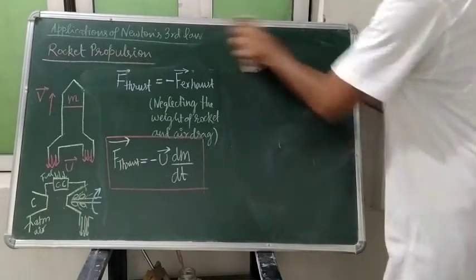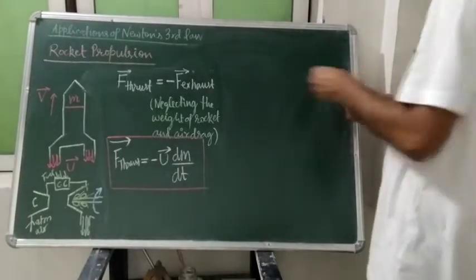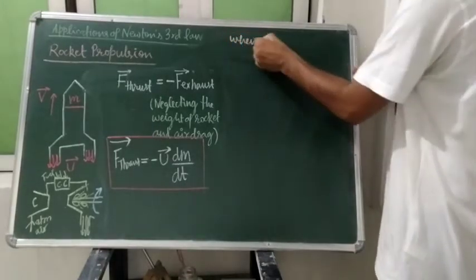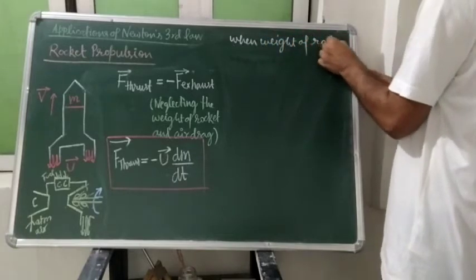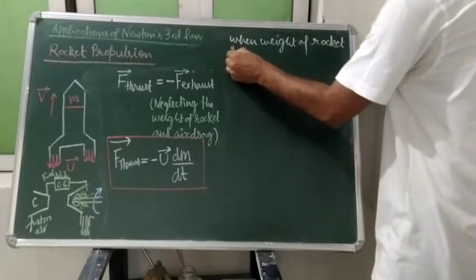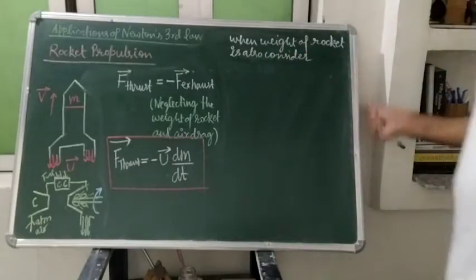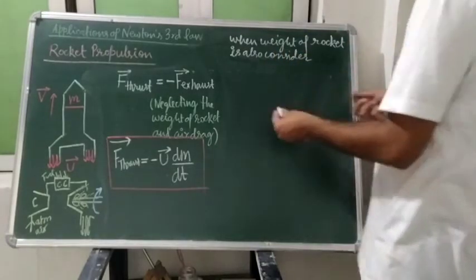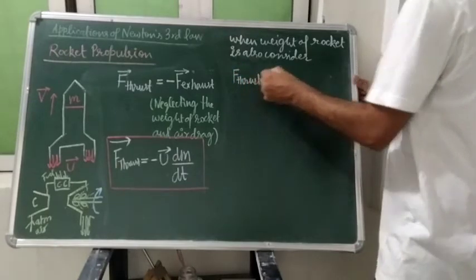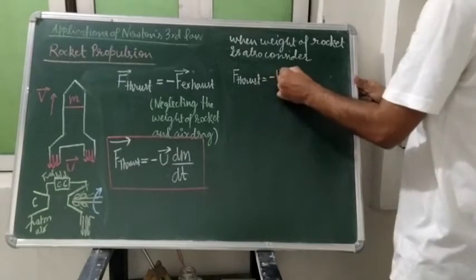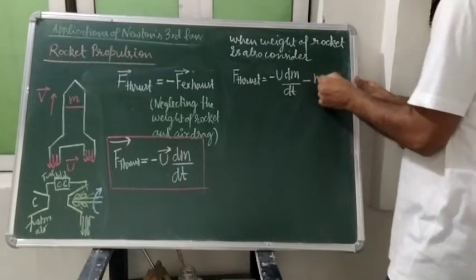And student, if you are saying that the weight of the rocket is also considered, you will see that your F thrust will become minus u times del m upon del t, and minus of mg.